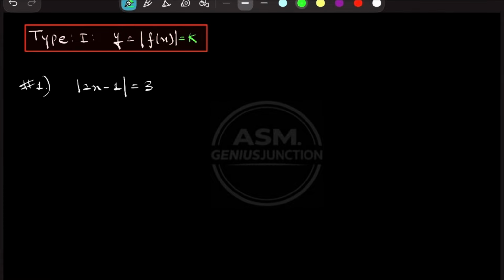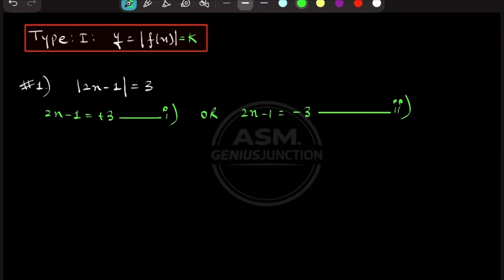So when I open this, I am going to get 2x minus 1 equals plus 3. This is my equation number 1. Or 2x minus 1 equals minus 3. This is going to be our equation number 2. On solving 2x minus 1 equals 3, this minus 1 will shift to the right hand side.